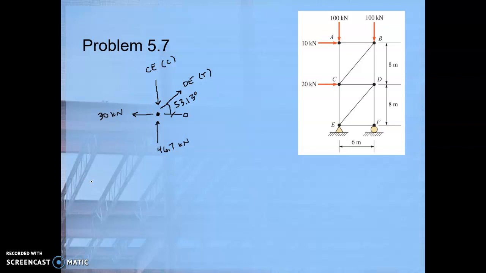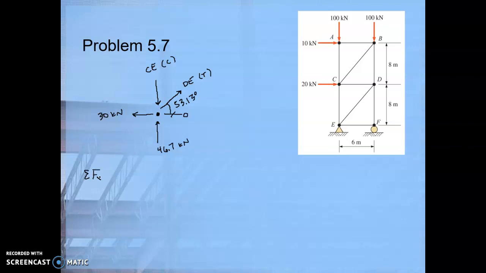Okay, so we can start in the vertical or horizontal direction here. I think horizontal is going to be the way to go in this particular case because the only unknown horizontal force is the horizontal component of DE.